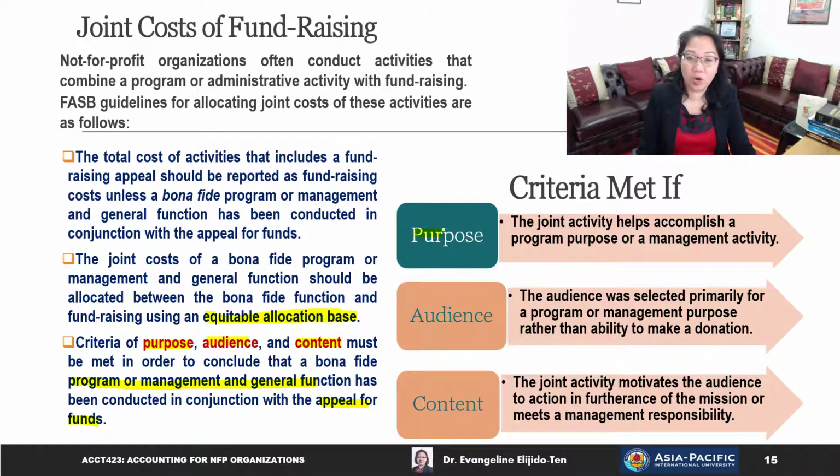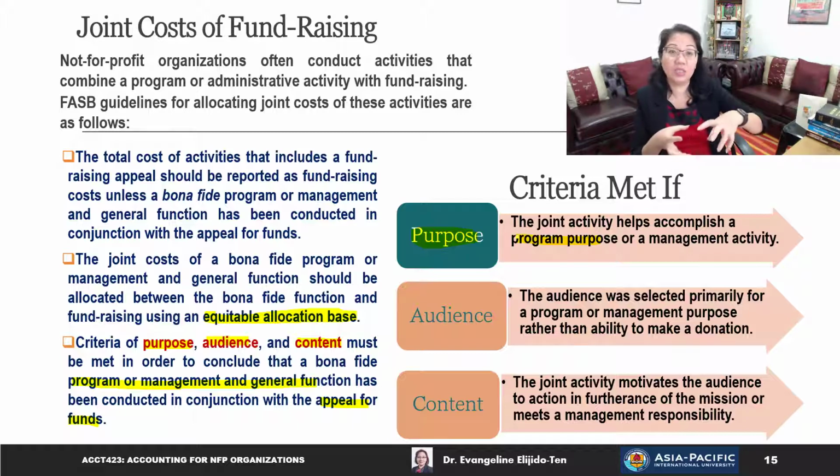In terms of purpose, the criteria for purpose is met if the joint activity helps accomplish a program purpose or a management activity. So, what is the purpose of the campaign?